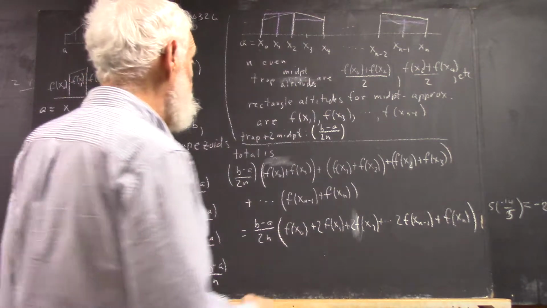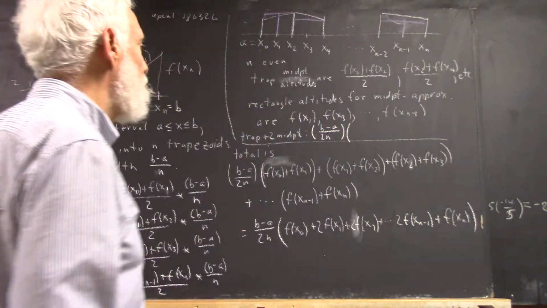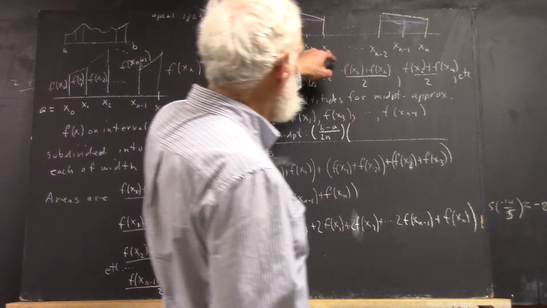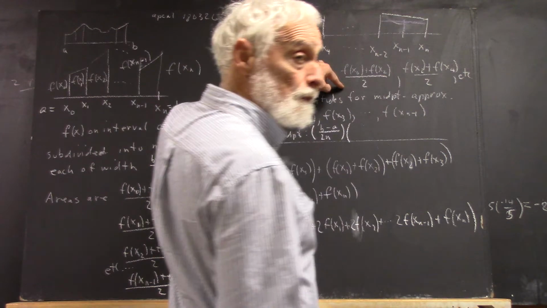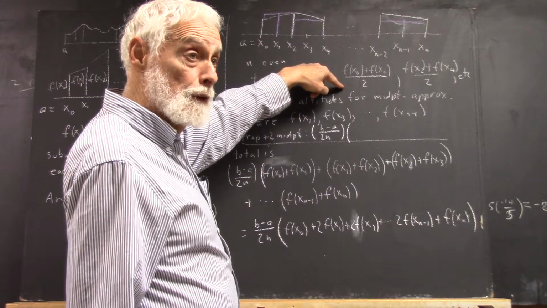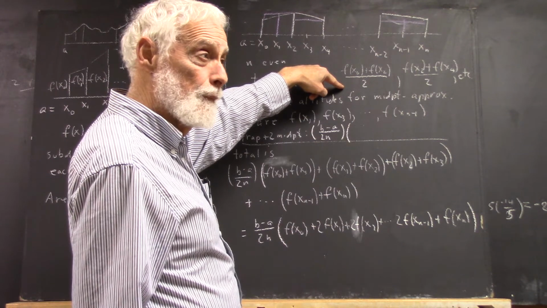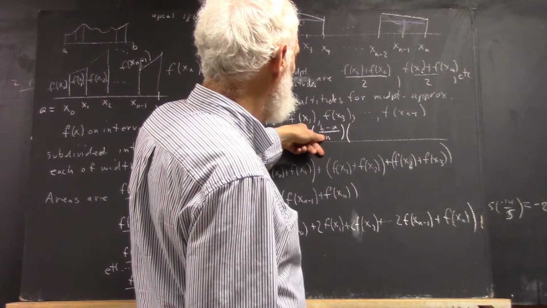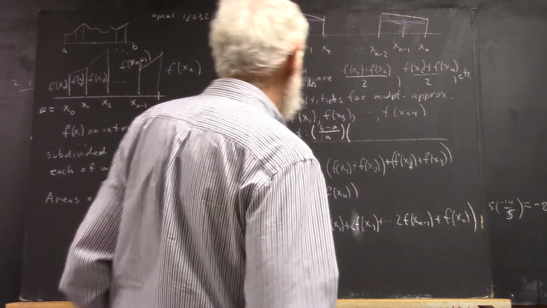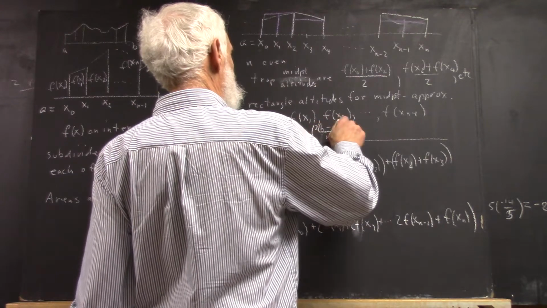But what we're going to get then is, okay, well, when I add these, I'm going to get 1/2 f of x naught, right? And when I wrote b minus a over 2n, I had the 2 in the wrong place.